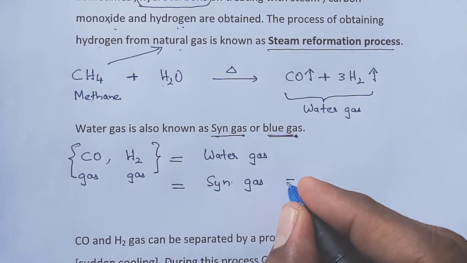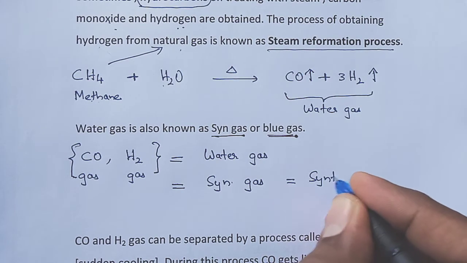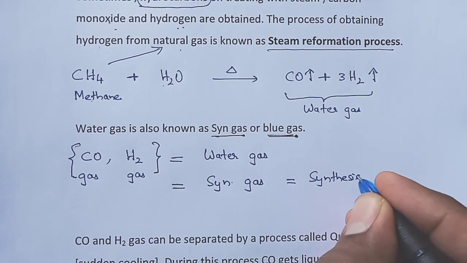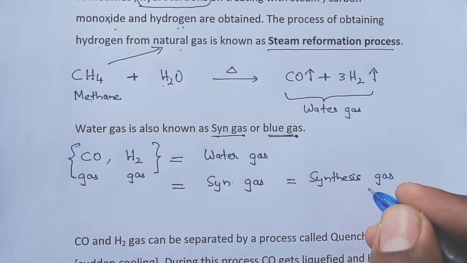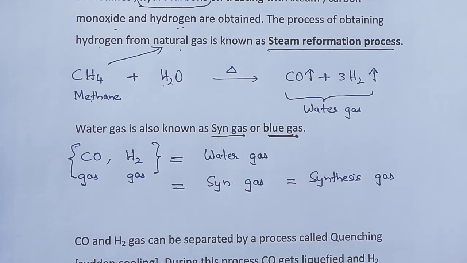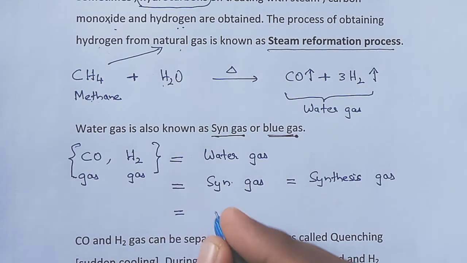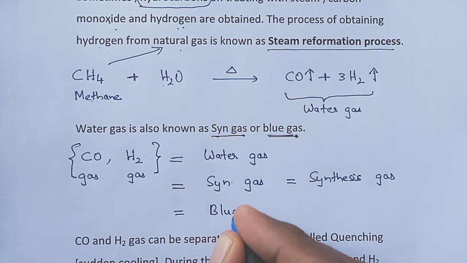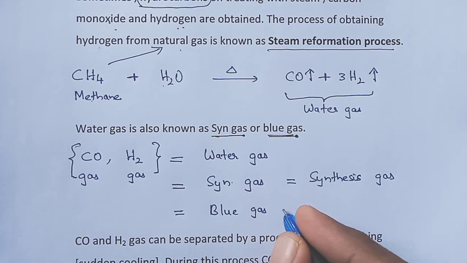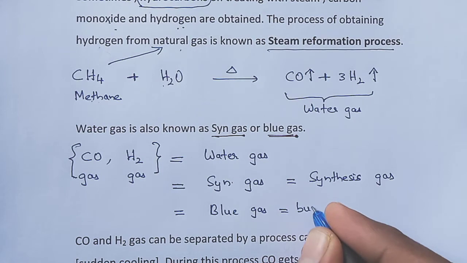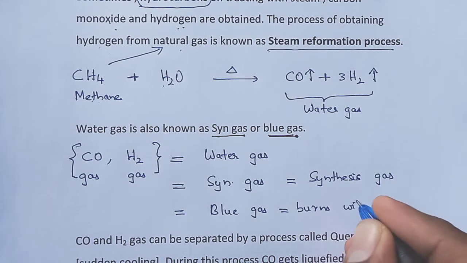That is why it is called synthesis gas. Because we can prepare many organic compounds, it is called synthesis gas. That synthesis gas is also called syngas. It is also called blue gas. Why is it called blue gas? Because it burns with a blue flame.